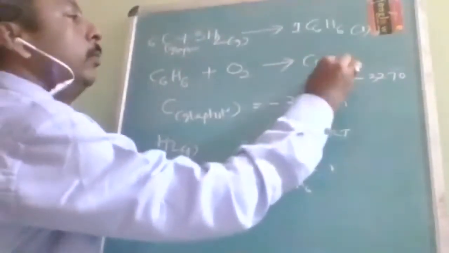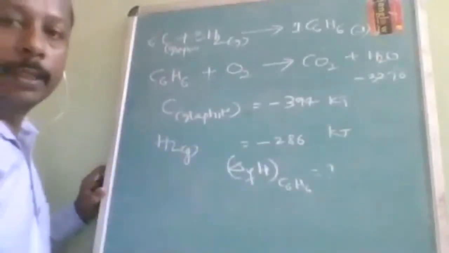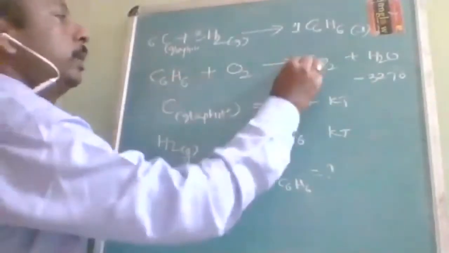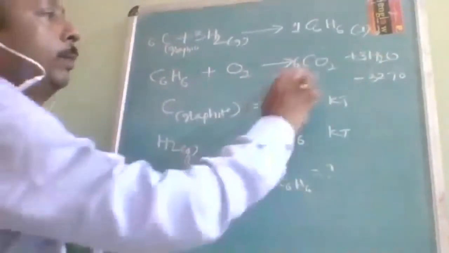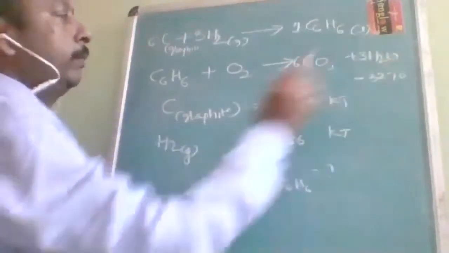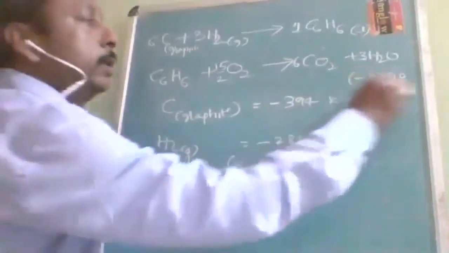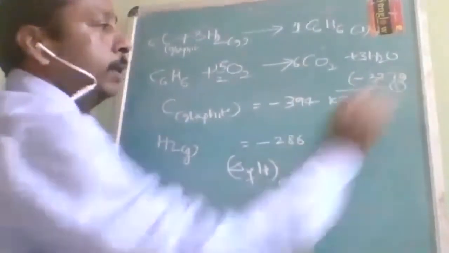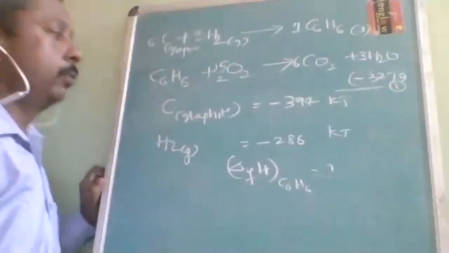Then it will give CO2 plus H2O: 6 CO2 and 3 H2O. Now carbon and hydrogen are balanced; 12 plus 3, 15, so 15 by 2 is the oxygen value. Let us take it as equation number 1. Converting sentence into equation, and balancing.